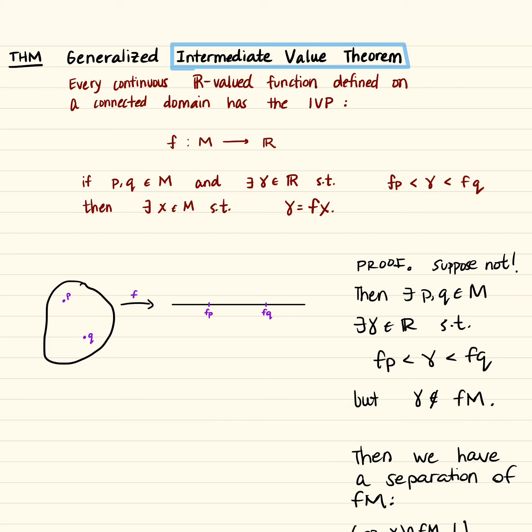Here we are saying if your function is continuous and goes from some metric space to R, then that function has the intermediate value property. What does it mean to have the intermediate value property? IVP, intermediate value property. It means that your function is going to attain all intermediate values.